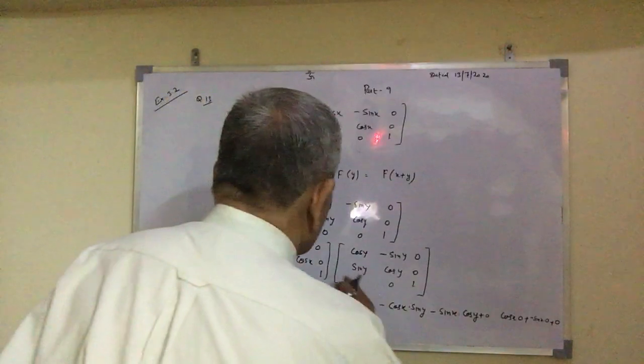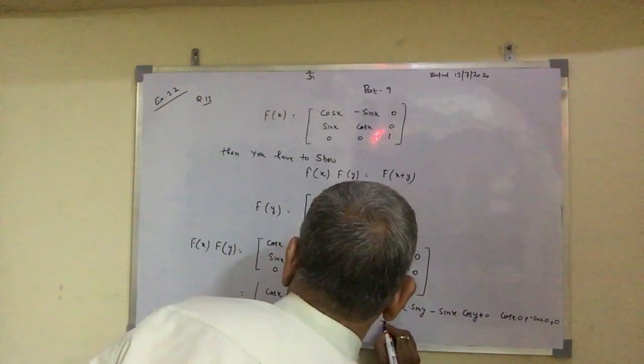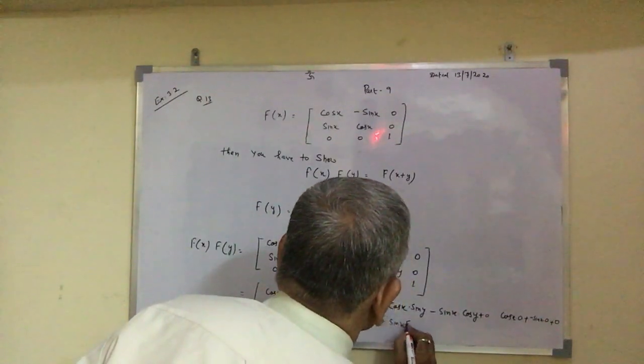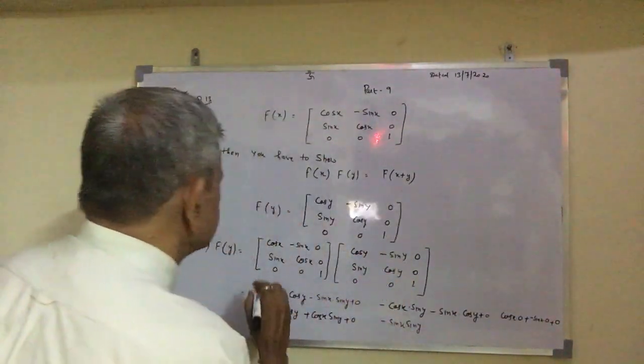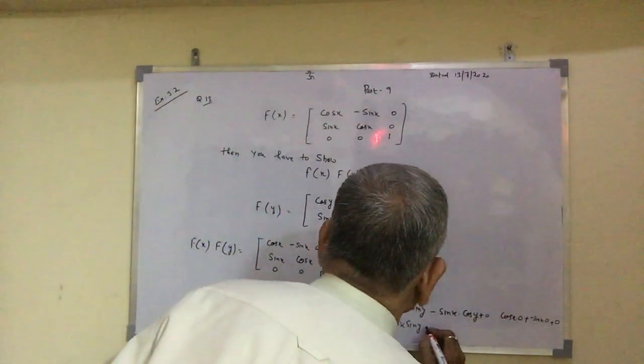Now, the second value is sin x into minus sin y, plus cos x into cos y.